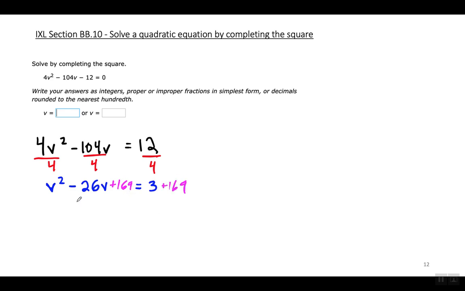So when I factor the left side of the equation, I'm going to get v minus 13 to the second power equals, on the right hand side, I'm going to get 172. Now get the square root of both sides of the equation.